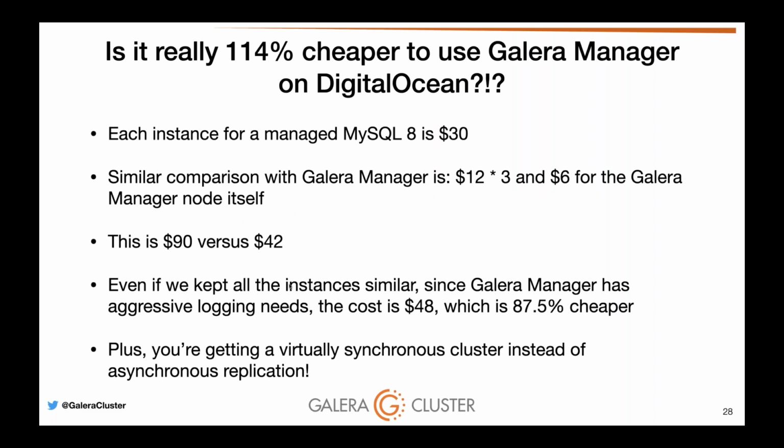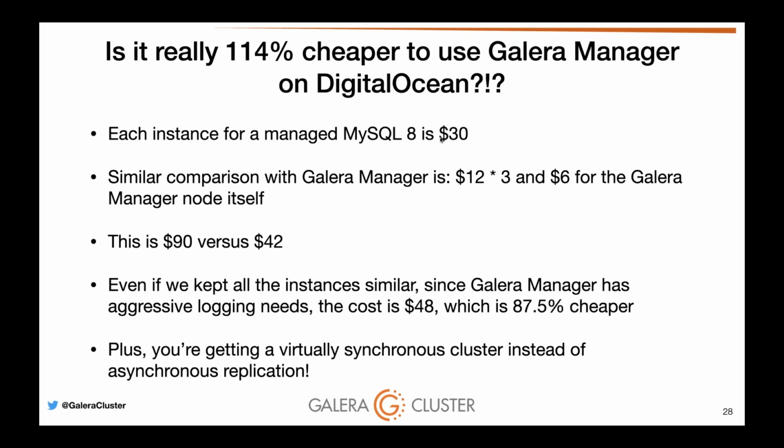So basically, you're looking at a 114% cheaper Galera cluster setup with the benefit of virtually synchronous replication rather than asynchronous replication. So you're getting all the nodes being equal, you're getting highly available data, no need of a load balancer in front, and you're literally only paying $42.